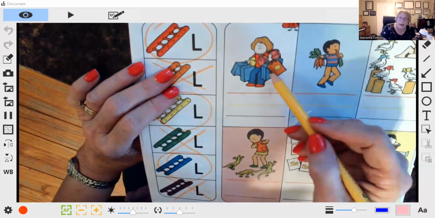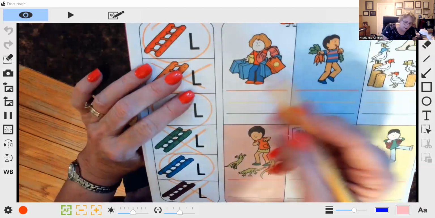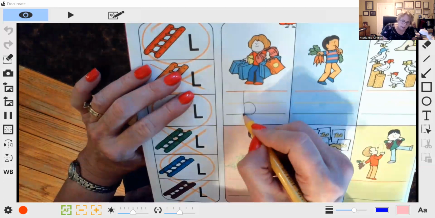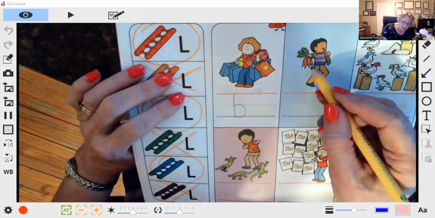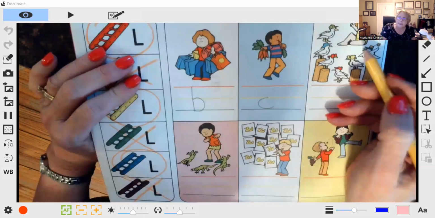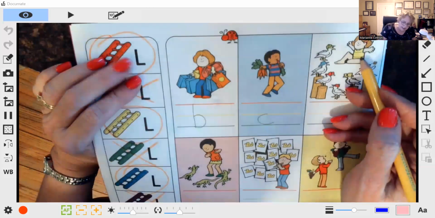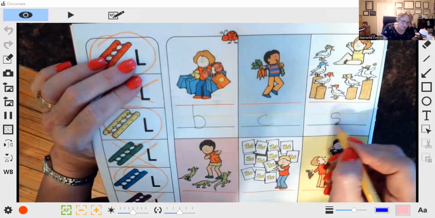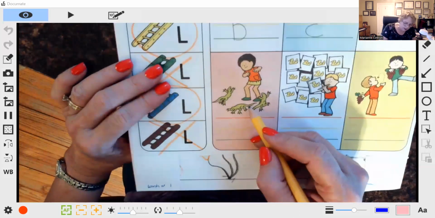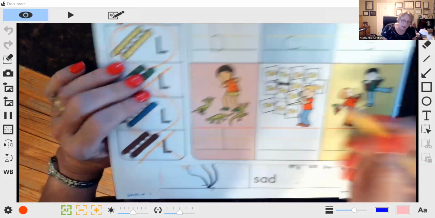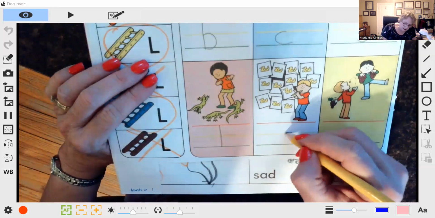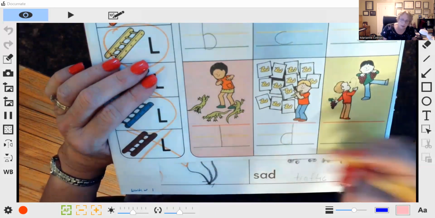So bag, B. Carrot, C. Sit, S. Lizard, L. Duck, D. C stroke with a line.